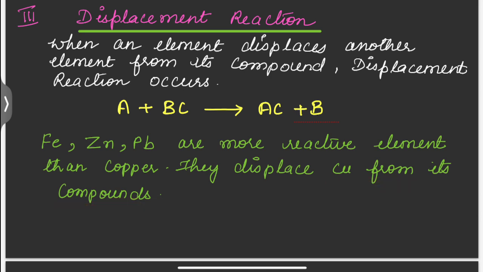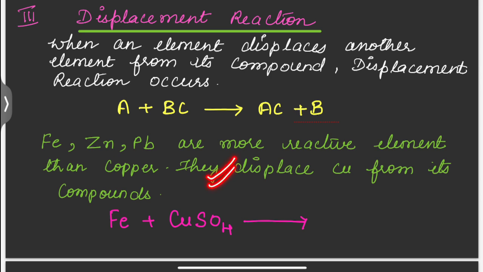The meaning of this is, for example, I'll take the iron element. Iron is treated with copper sulfate. CuSO4 is copper sulfate. Now here, which is more reactive, iron or copper? Read the statement and see.